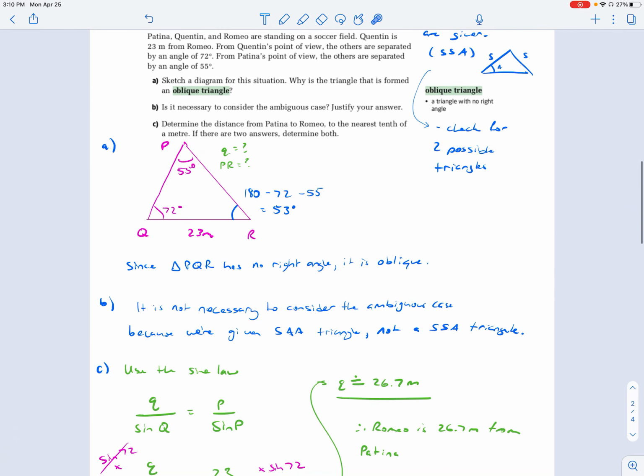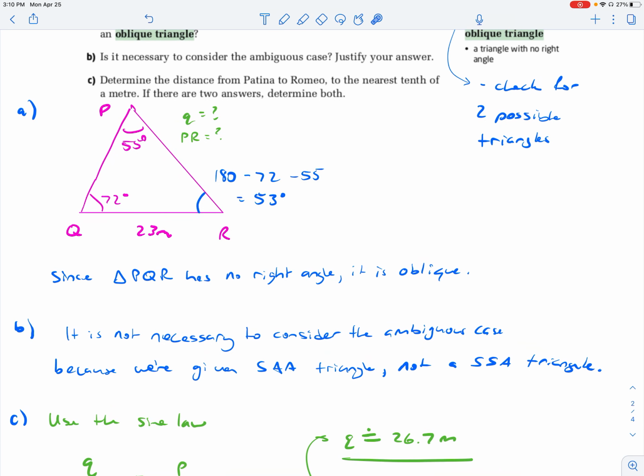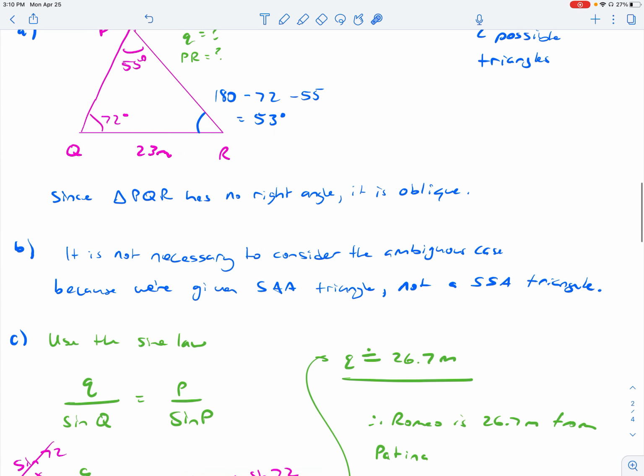If you're not, you can also look at that chart that we completed together in class, and look at the type of triangle you're given, and you'll know if you should use sine law or cosine law. So for side angle, we always just use sine law to solve for whatever we need from that triangle.